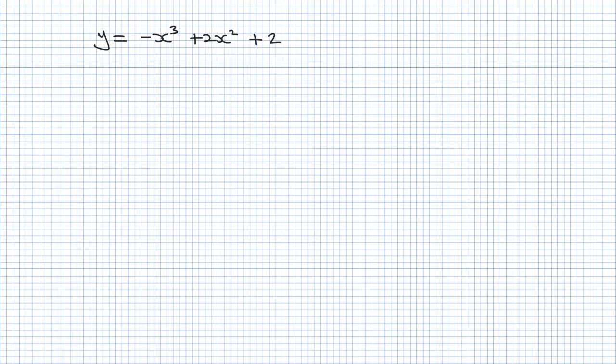Find the values of x, or the range of values of x for which this function is increasing and decreasing. So we want both of them, increasing and decreasing. So pause the video and have a go at it. Then I will work it out and see if you can get the same answer. So I'll just wait a few seconds.